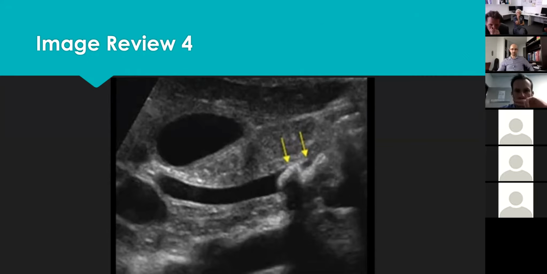And there are two arrow signs pointing to hyperechoic structures, which have acoustic shadowing posterior to them. So I suspect if the bile duct is dilated, that those are potentially impacted gallstones, which would be consistent with the diagnosis of cholecystitis, probably with cholelithiasis.